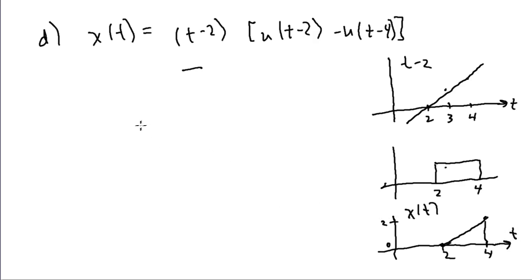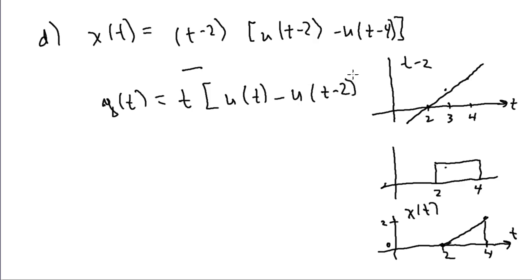Kind of maybe a slightly trickier way to do this would be to recognize this looks like a delayed function, as does this. If I write y of t is equal to t times u of t minus u of t minus 2, and then sketch y of t, it's going to look like this.